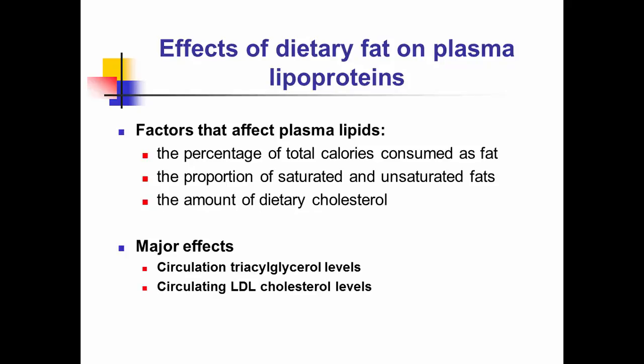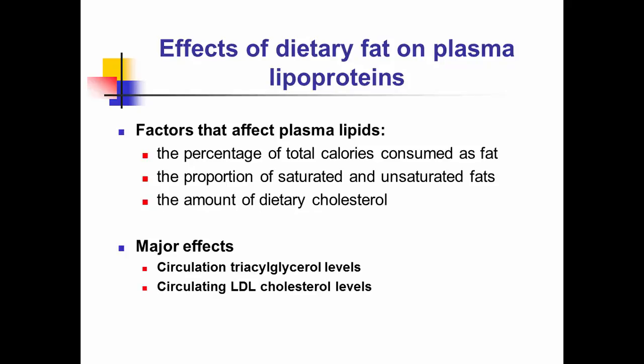So more specifically, the dietary factors that affect plasma lipids: first of all is the percentage of total calories consumed as fat. If the diet contains too much fat as energy out of the total energy, that will definitely have a harmful effect. And the proportion of saturated to unsaturated fatty acids. If the diet has more saturated and less unsaturated fat, that will also have a harmful negative effect, right?